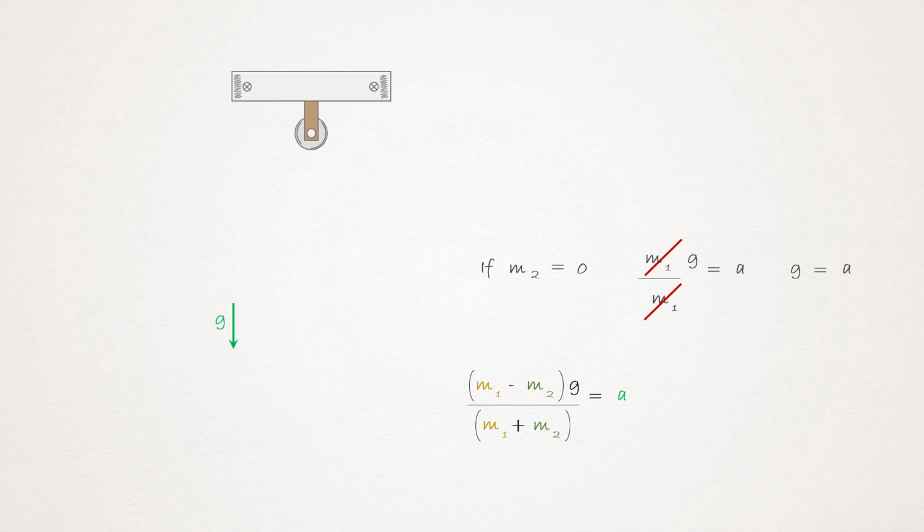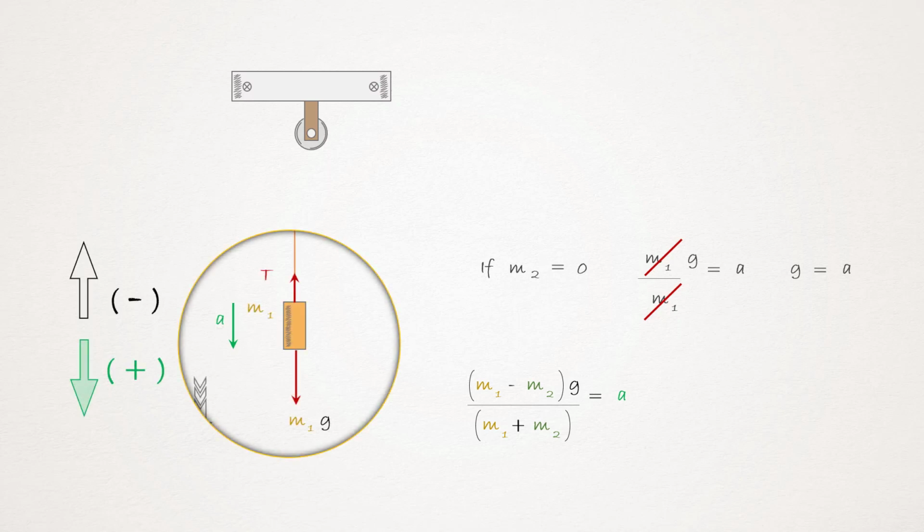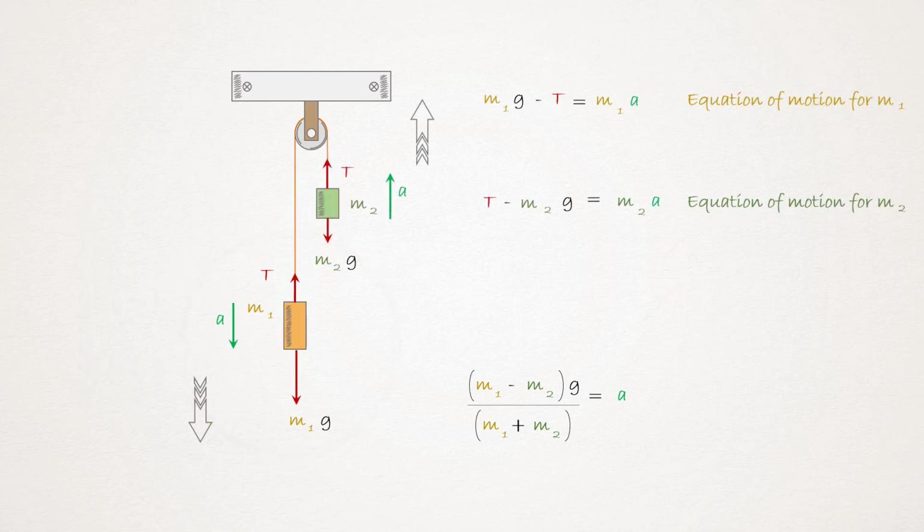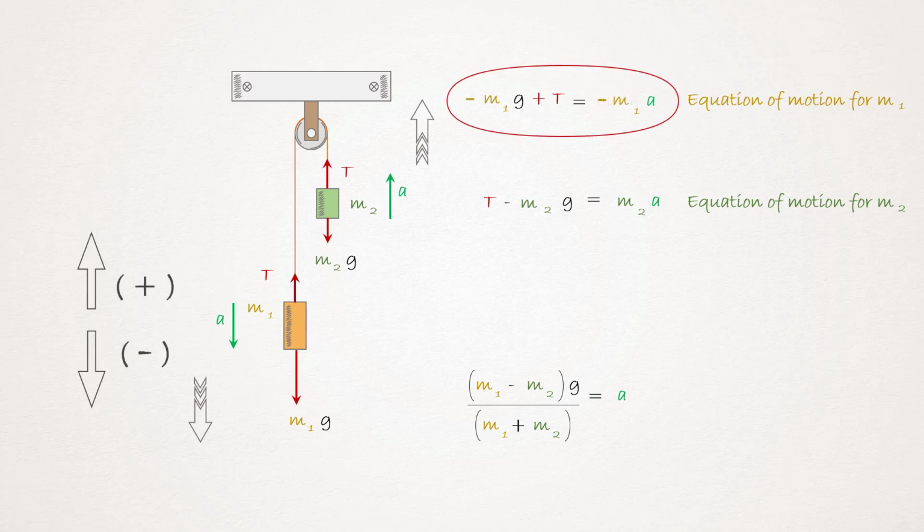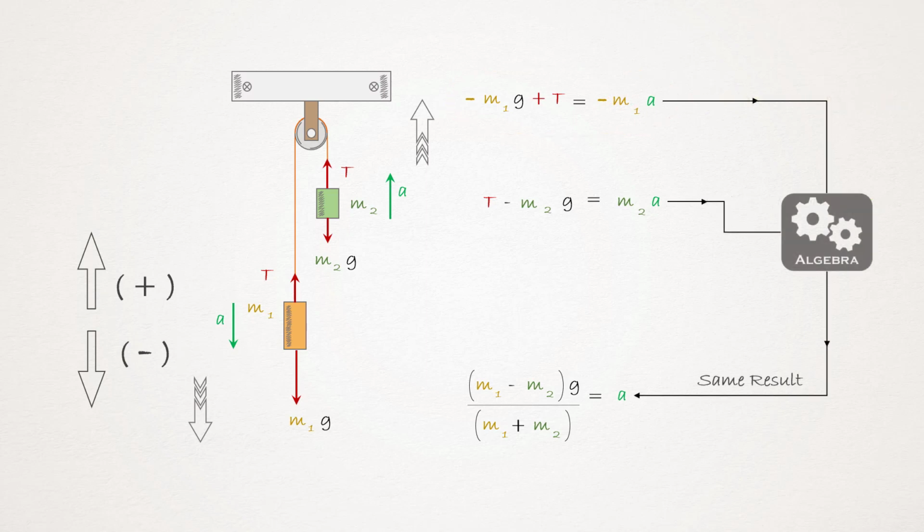That is because for M1, we chose a coordinate system where vectors pointing downward were positive. Another thing I need to mention is that you could pick any coordinate system. Let's say you pick a coordinate system for M1 with positive vectors pointing upward. The direction of what it means to be positive does not really matter as long as you are consistent.